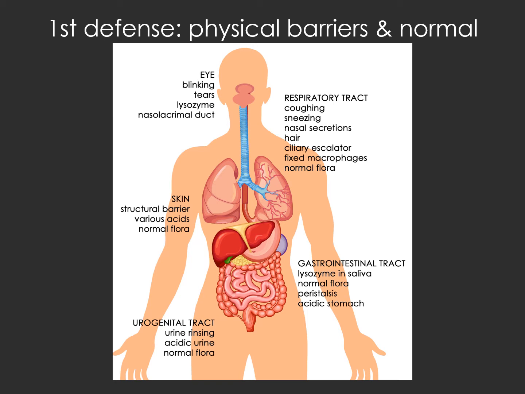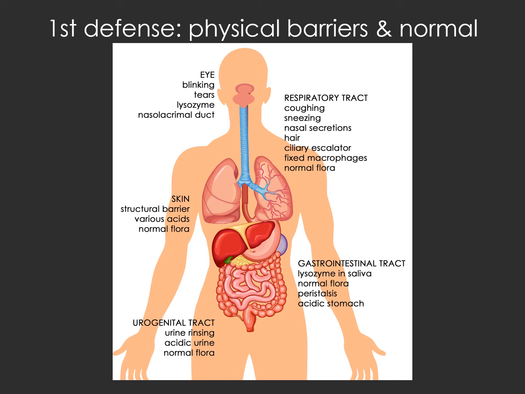In addition to that, if anything, including the normal flora, were to move out of the exterior urogenital area and move into, say, the urethra, urine actually serves a dual purpose of removing metabolic waste from the body and rinsing the urethra. So again, you see this movement out of the body that counteracts any microorganisms trying to move up into the urethra and the bladder in order to establish cystitis, which is the technical name for a bladder infection.